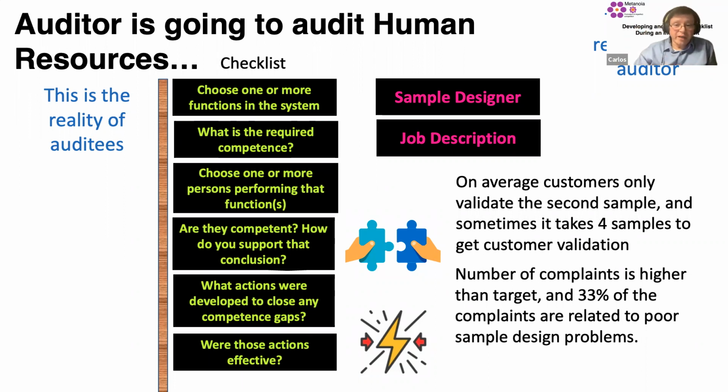By the way, while filling in my checklist, I use symbols to help me prepare the report. If I see a good practice, I make a mark like this. If I find a nonconformity, I make a mark like this. If I have questions to be answered later with another auditee, I make a mark like this. And if there are things that may lead to improvement opportunities, I make a mark like this.